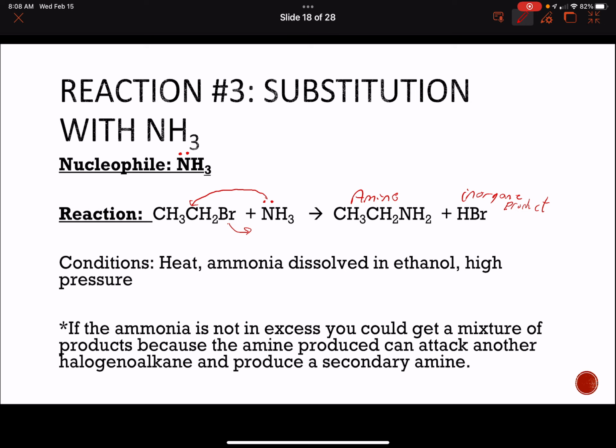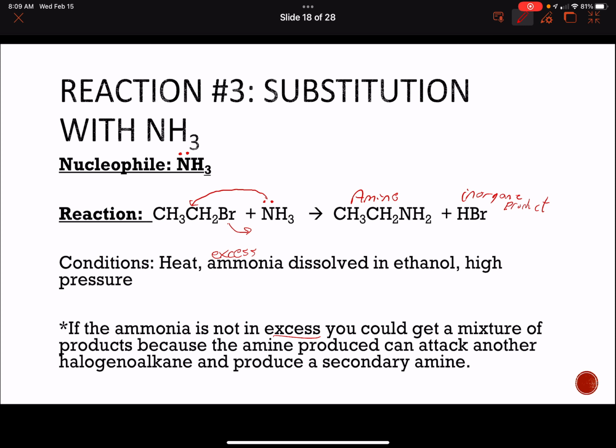You may want to say excess ammonia here, because if the ammonia is not in excess, you could get a mixture of products, because the amine you make could attack another halogenalkane and continue, kind of like propagating, giving you additional different amines. You do not need to memorize that, but the idea is that you would want excess ammonia. That I would suggest knowing.